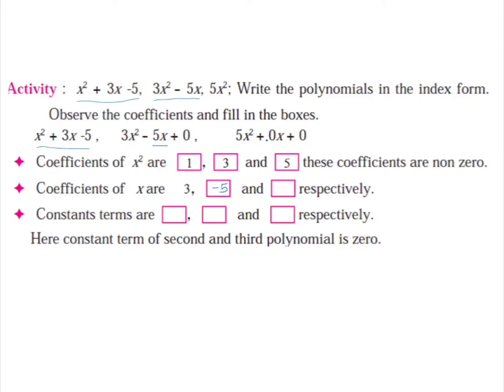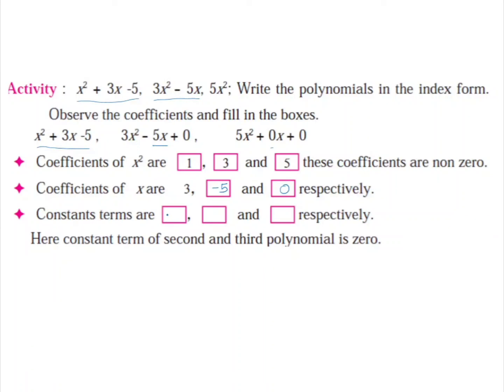And in the third equation, as x term is missing over here, so the coefficient of x in the third polynomial is 0. So in the third box we should have 0. And the constant terms in these polynomials are, in the first box we should write the constant term in the first polynomial, which is minus 5.